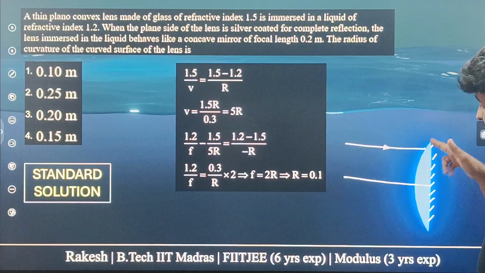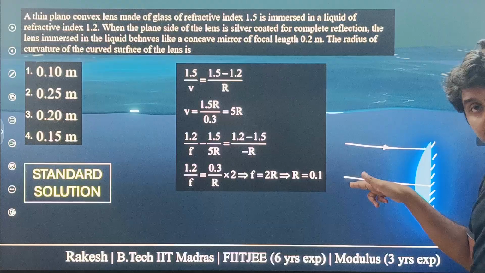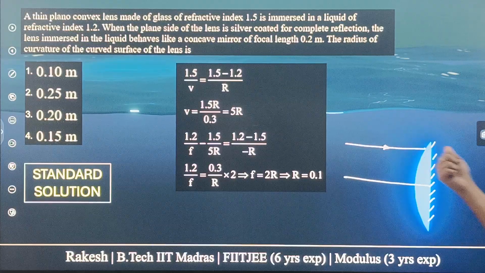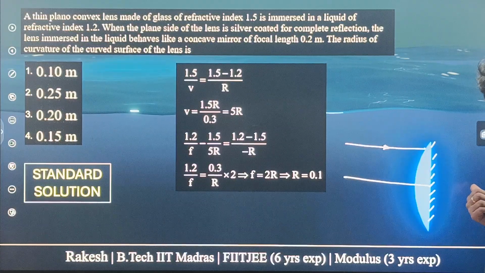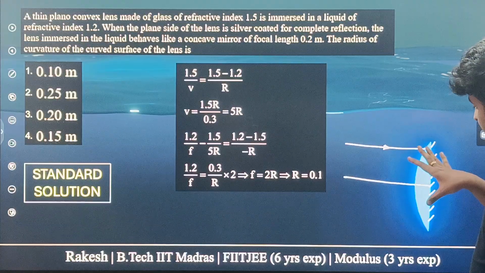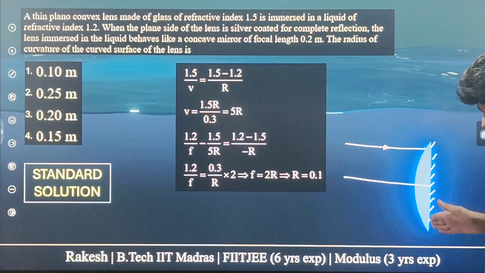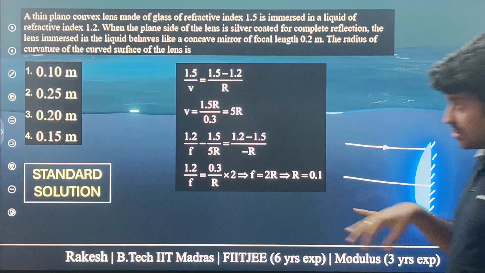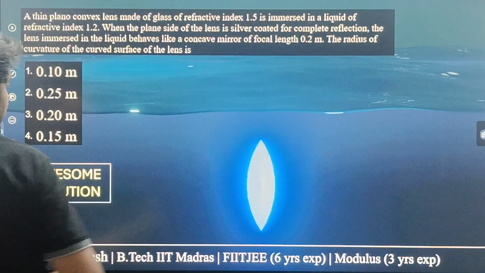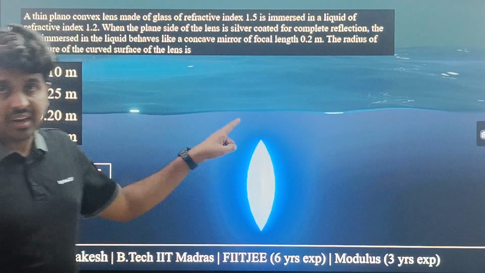Let us say after refraction, this ray meets here. In the virtual world also, it will meet at the same place. So we can think of this lens plus mirror system as just a double lens.